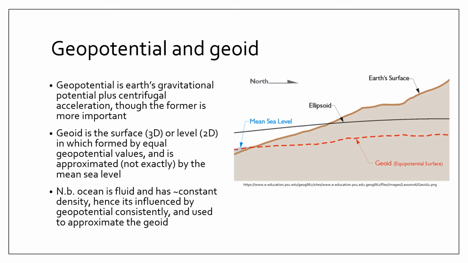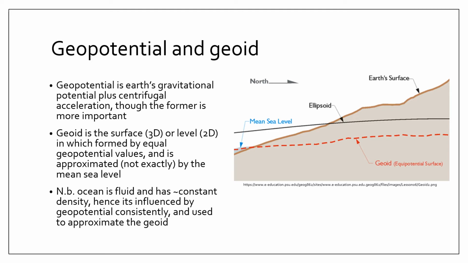Now we have a term called the geoid, which is an equipotential surface, right? So it's a surface where you have more or less equal gravitational potential, or equal geopotential, or equal net gravitational acceleration.